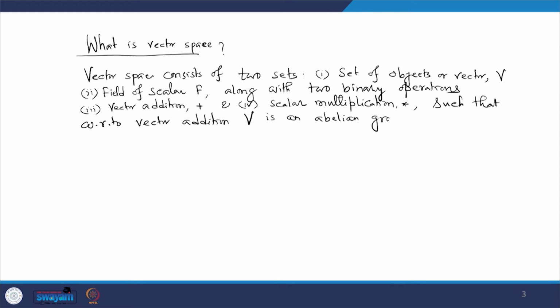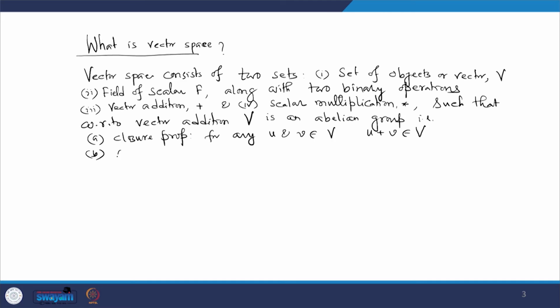That is, it satisfies the closure property: for any u and v belonging to capital V, u plus v also belongs to capital V, and the sum of two vectors is again a vector.